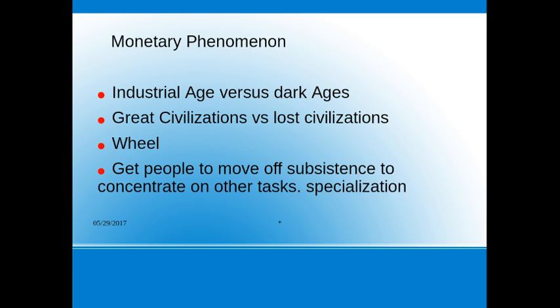Money, followed by specialization of tasks, makes certain people move away from subsistence and concentrate on what's good for the general welfare of people.